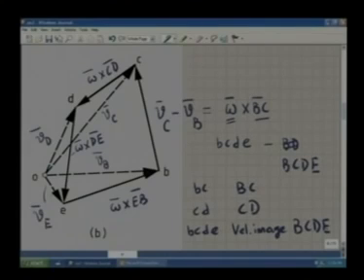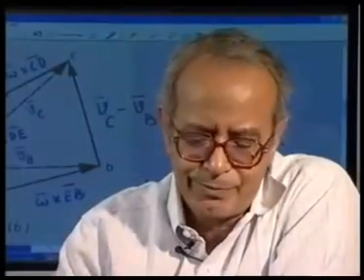So if we know 2 points of this quadrilateral, say b and c, then I can easily determine the other 2 points d and e by making a scale drawing.